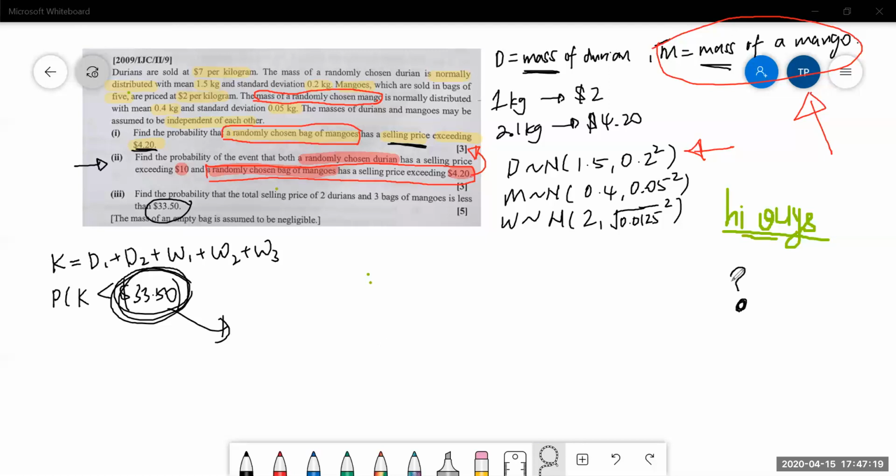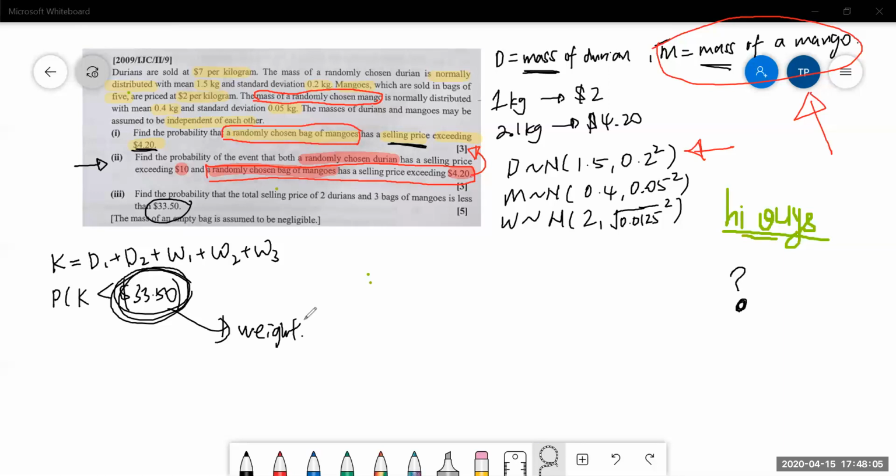If you want us to convert the price to weight, I think that the mass of the bag of mangoes is 2 kg, so the price would be $4.